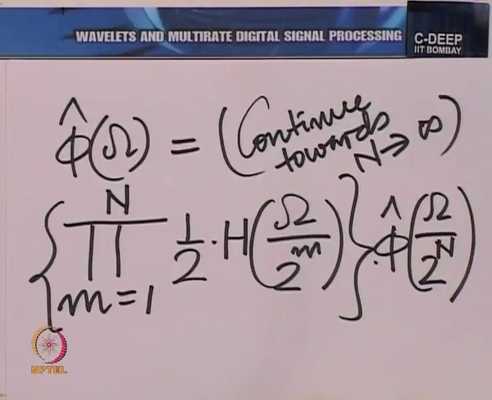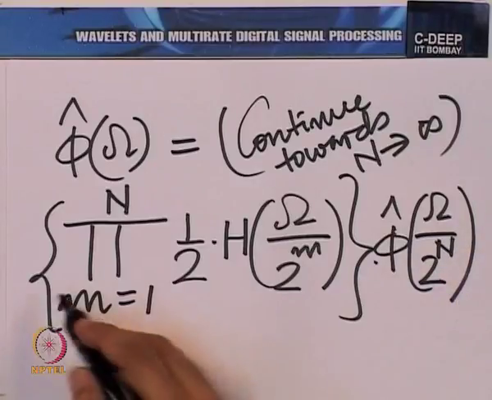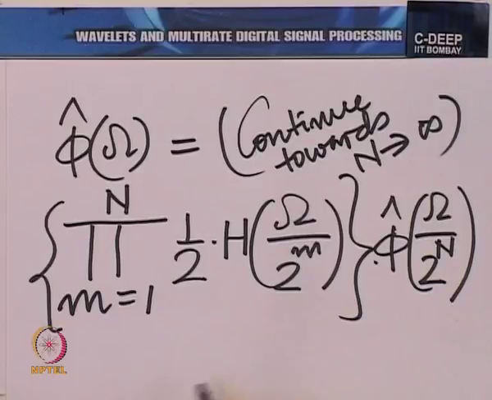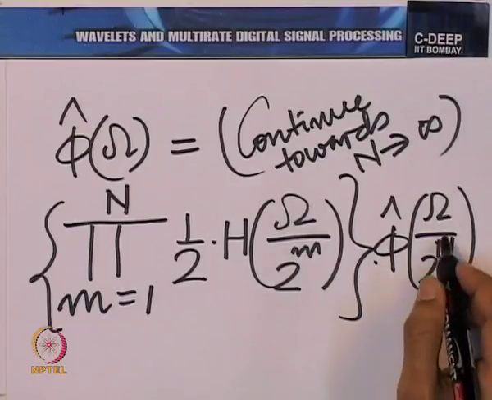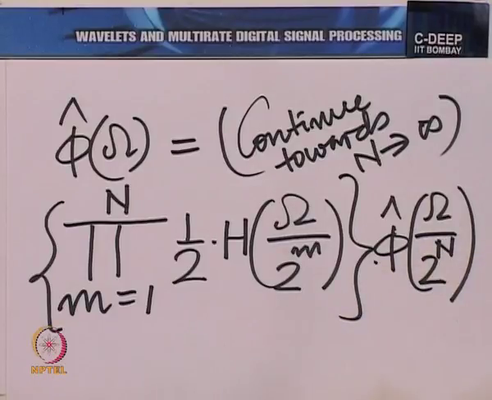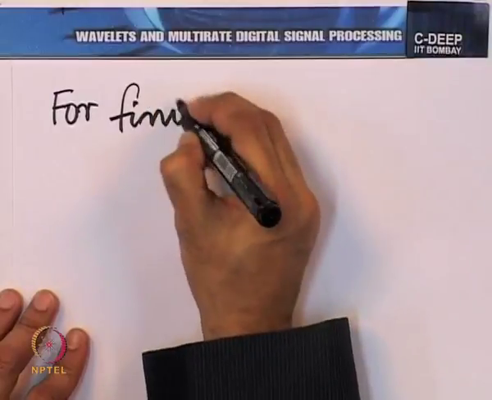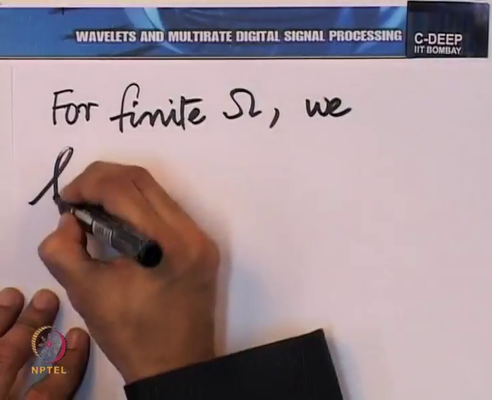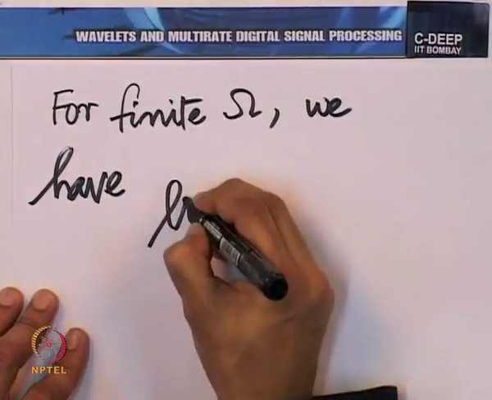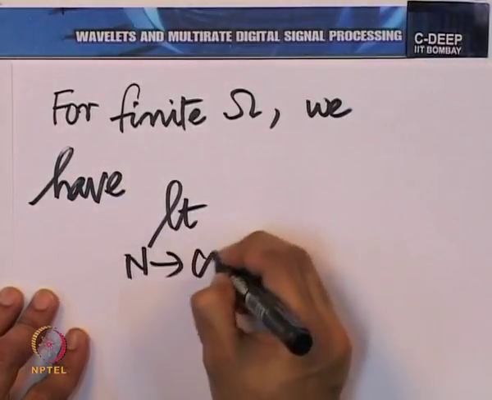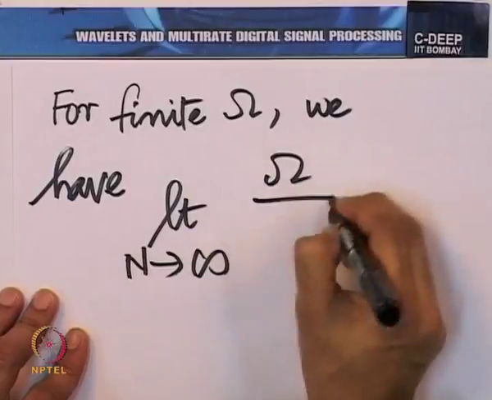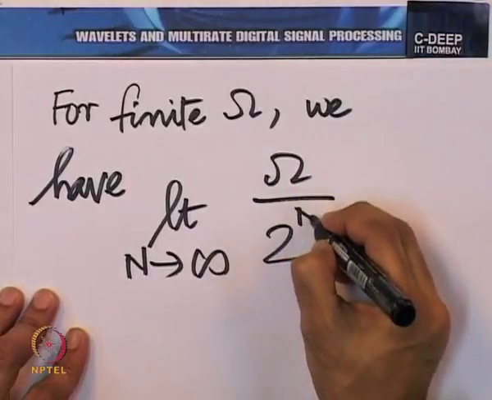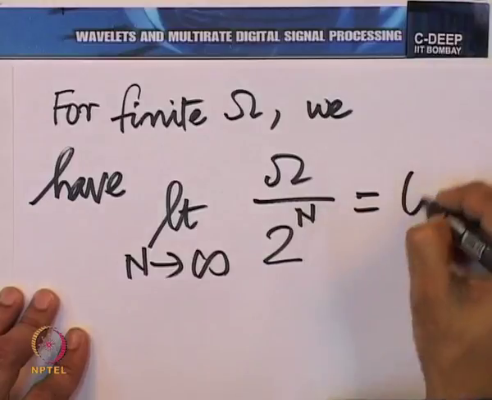But I think we understand well enough that you can make capital N as large as you desire, and you get a larger and larger number of terms in this product, and you can take this argument to as small a value as you desire whenever capital omega is finite. So, for finite capital omega, we have the limit as capital N tends to positive infinity of capital omega divided by 2 raised to the power of N equal to 0.